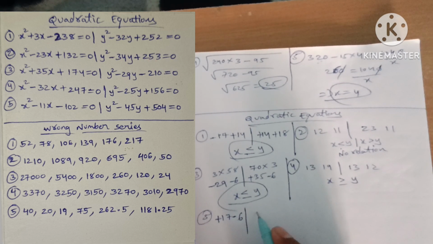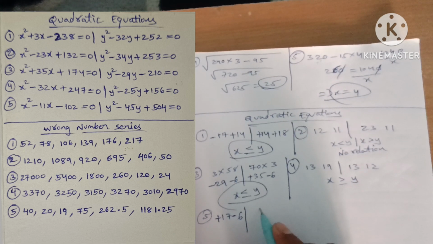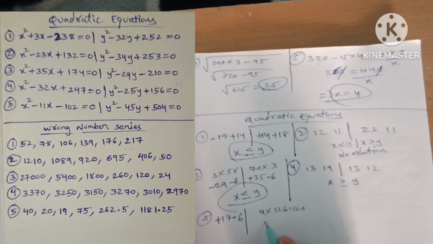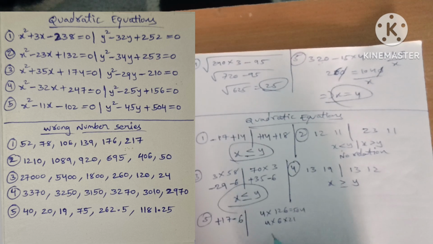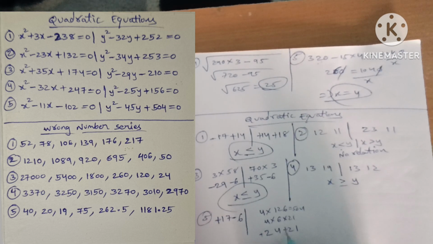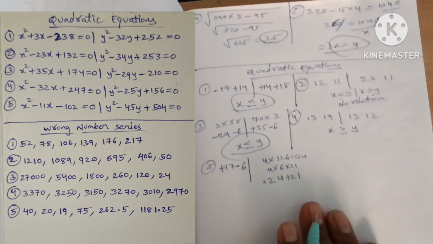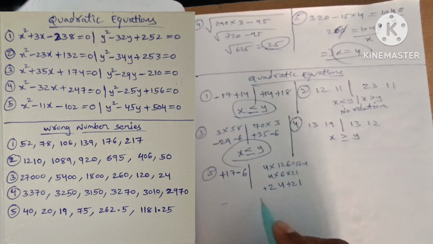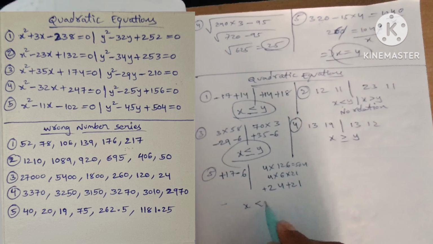Next one, y square minus 45y plus 504 equals 0. 504 is 24 times 21, so our roots are 24 and 21, and the roots are positive. By comparing these two, we get x lesser than y.